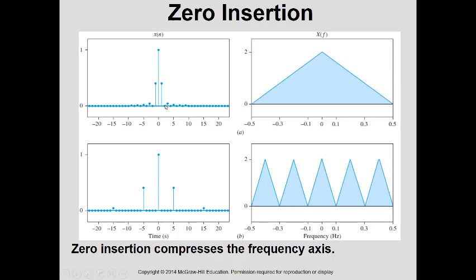If I was going to try to increase the sampling rate by a factor of 5, I'm going to insert 1, 2, 3, 4 zeros after each of these samples. So we get our center sample, 1, 2, 3, 4, the next sample, 1, 2, 3, 4, and so on in both directions. This original signal looks like adjacent triangles butted up against each other at the Nyquist rate.